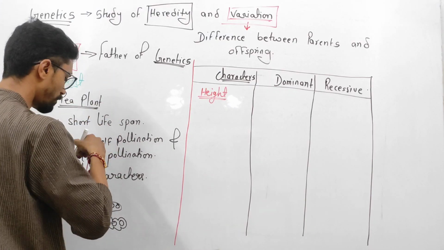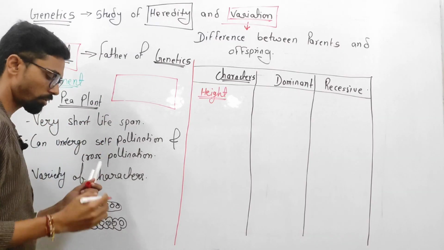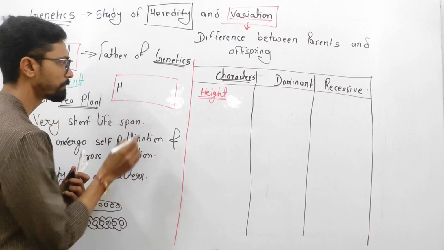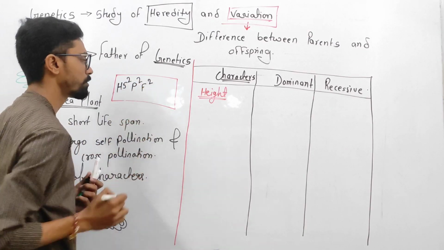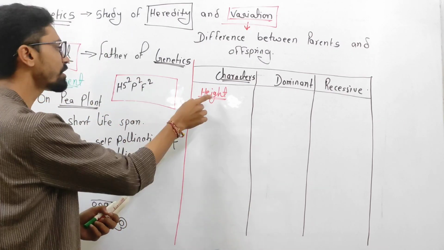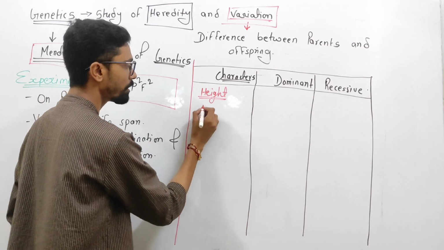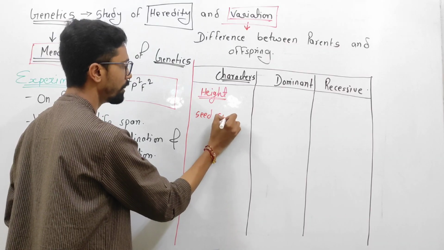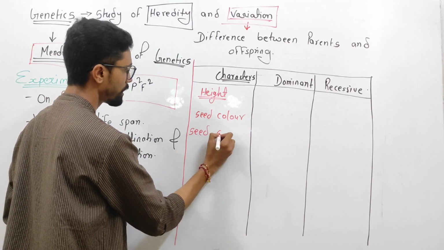We have one formula to remember them: H, S square, P square and F square. H is a single one, height. Then S stands for seed color, then seed shape.